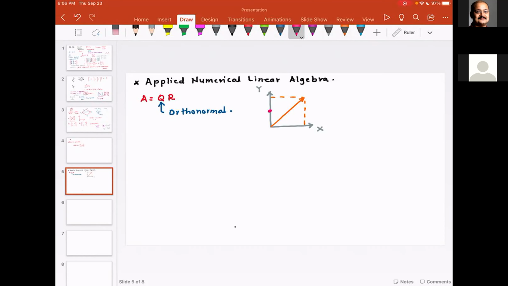I will repeat this once again. If you have a point on the y-axis, no matter what you do with just a unit vector along x, you cannot represent the point on the y-axis. The same thing happens when you have a point on the x-axis.